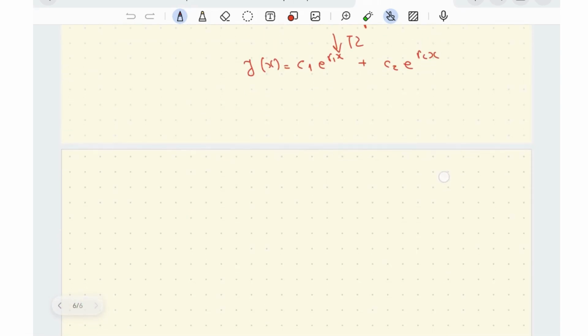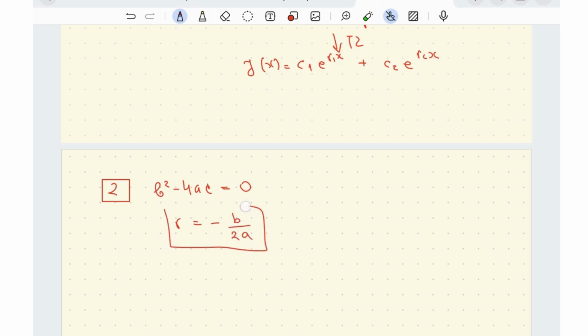Okay, let us do the second case. The second case says that the discriminant is 0. In that case, we have r equals minus b over 2a.